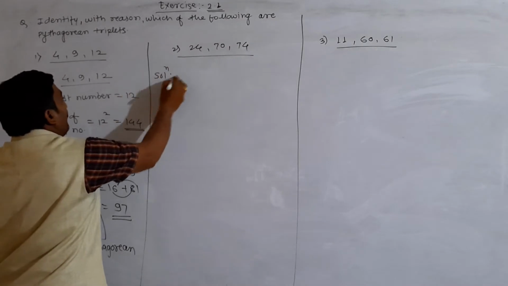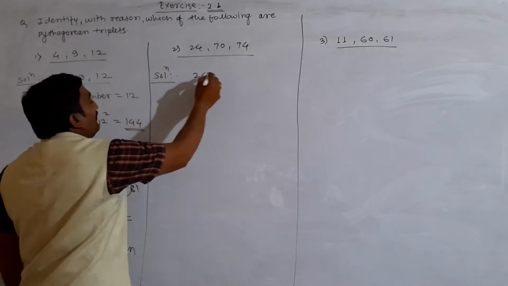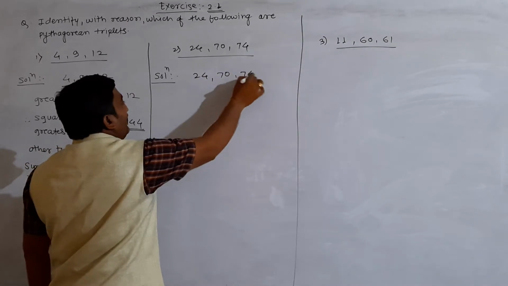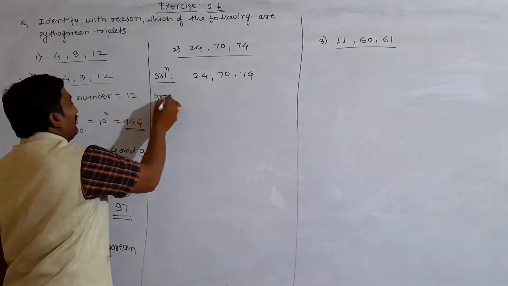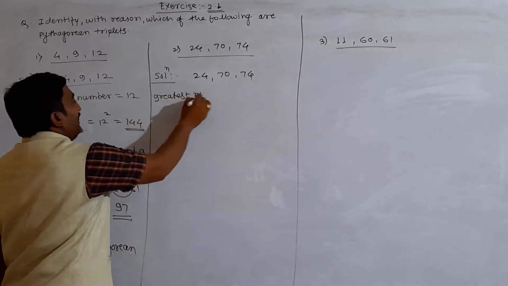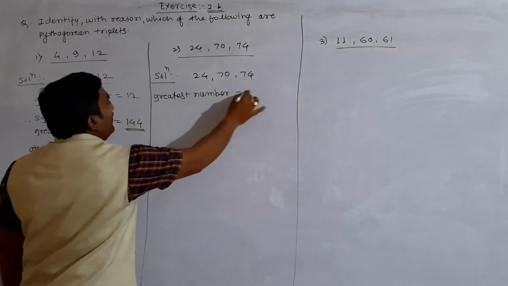In the solution, the given three numbers are 24, 70 and 74. The greatest number is 74.